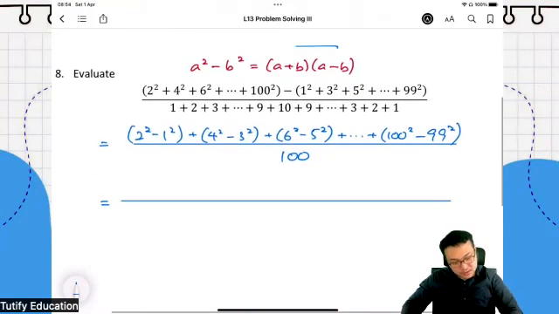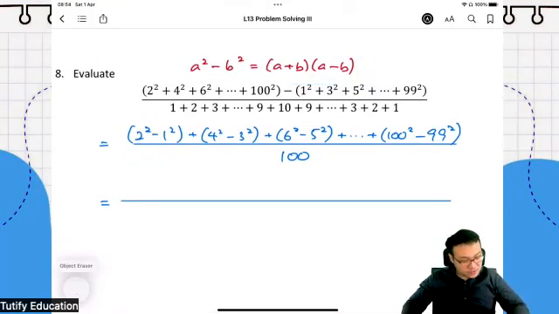Remember we learned about this? So if I have a square minus b square, what can I do? A square minus b square equals to a plus b, a minus b, okay? A plus b, a minus b.